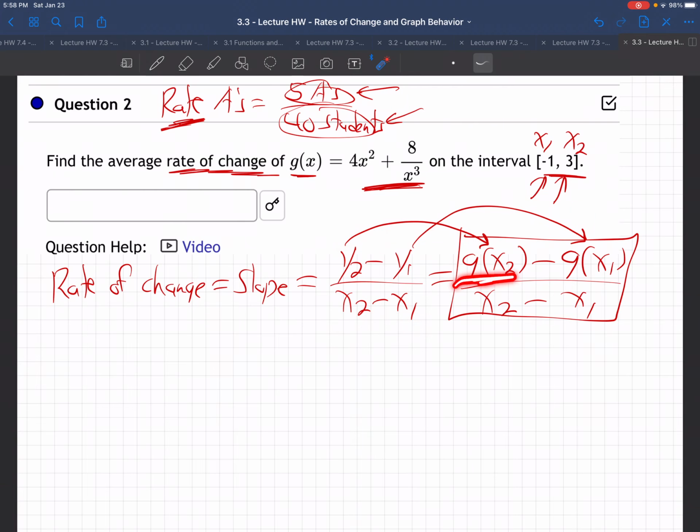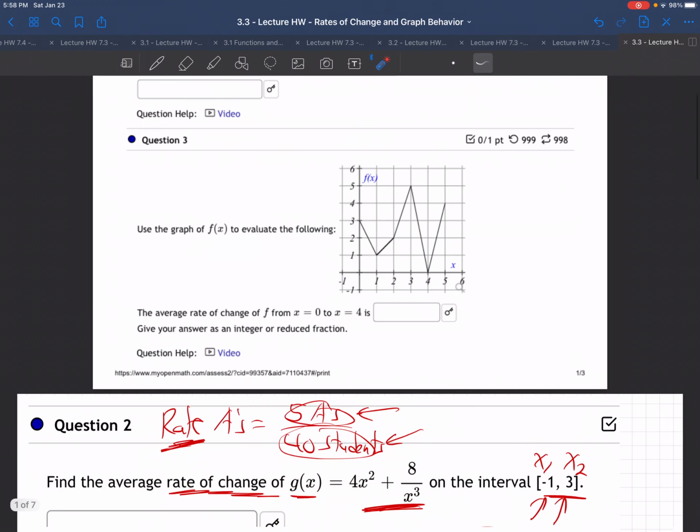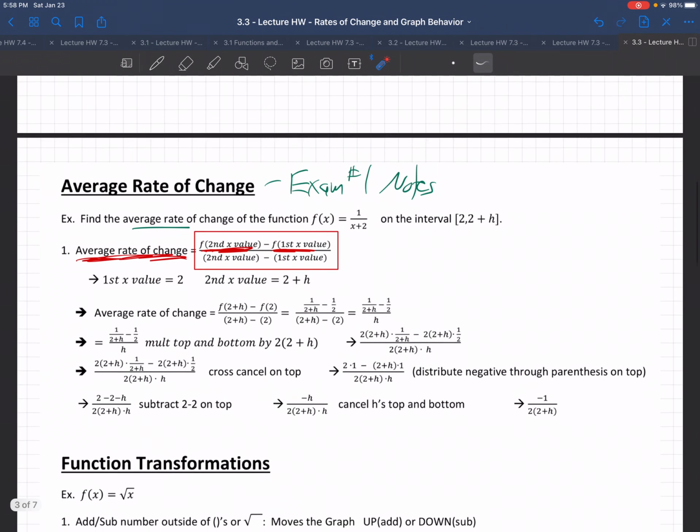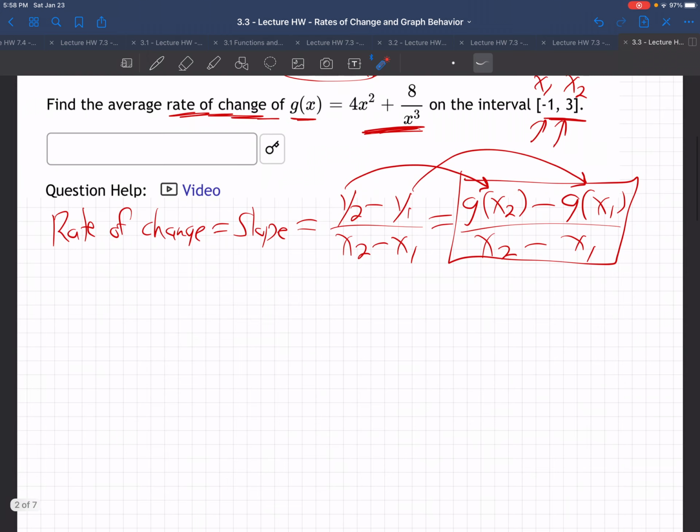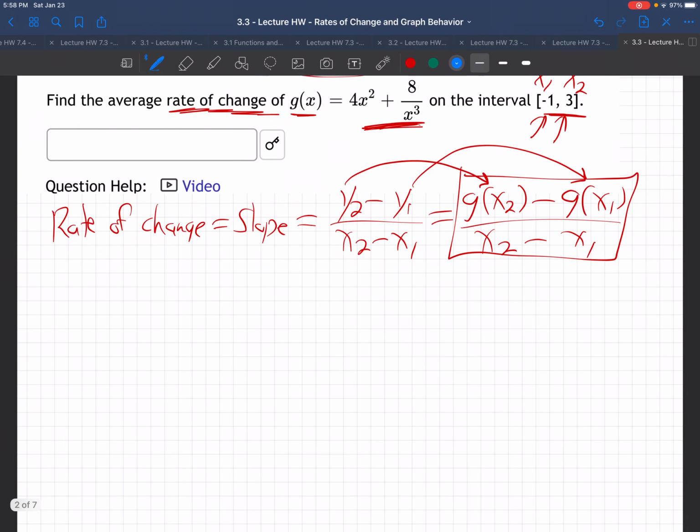It's g of x2. And what is y1? g of x1. That's what I'm saying here, when I give you the formula. See, I'm calling it f, but g, same thing: f of the second x value minus f of the first, over x2 minus x1.